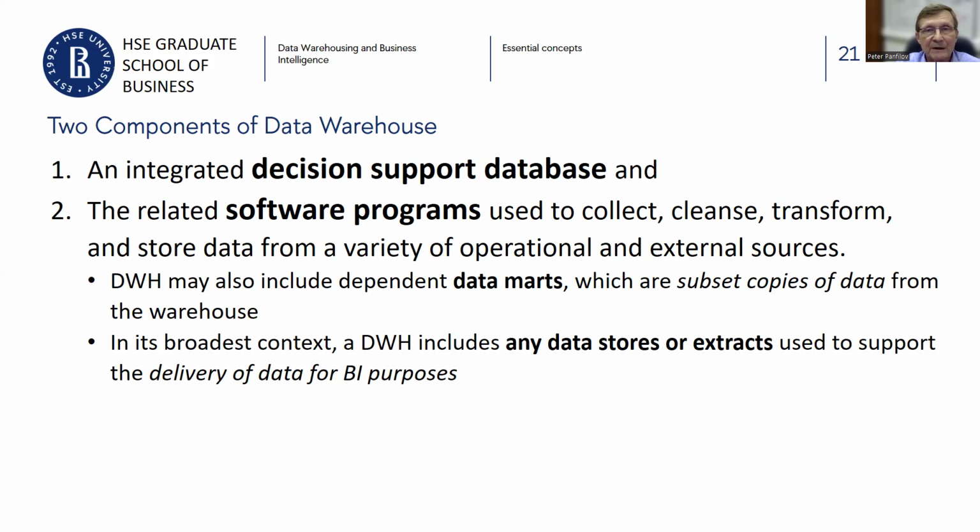You remember that before we can load data into the data warehouse, it goes through the ETL process, extract, transform, and load. So we transform raw data into specifically formatted data prepared for the data warehouse. And this database, we call it a decision support database.